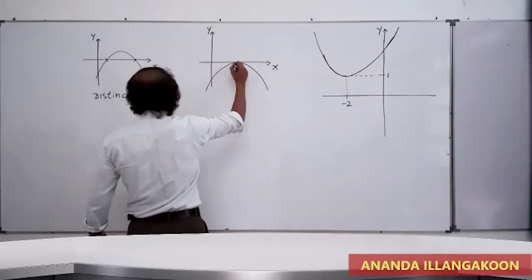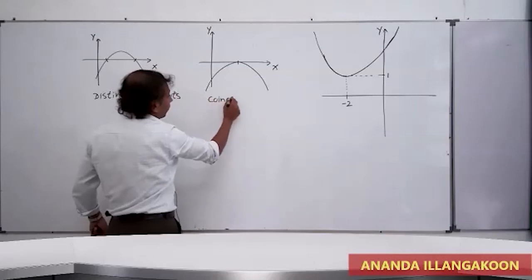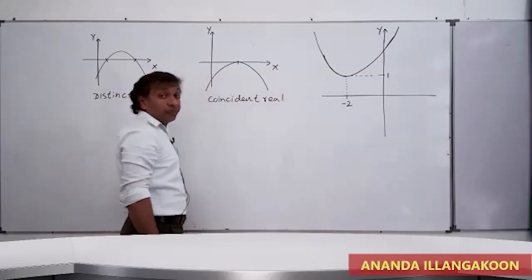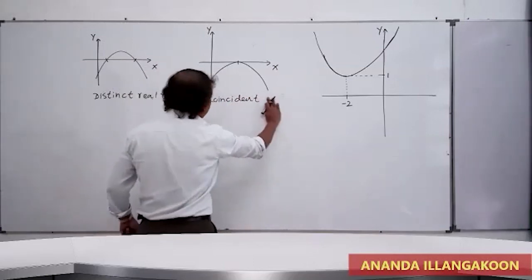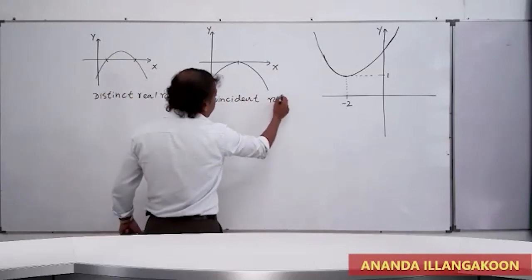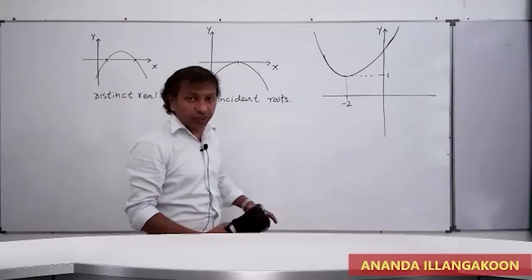What is this, people? Coincident real roots, or real coincident roots. That's also correct. Real coincident roots, equal, right?